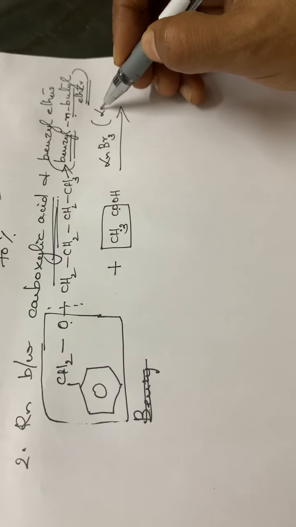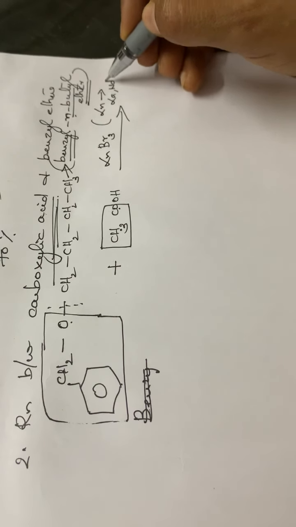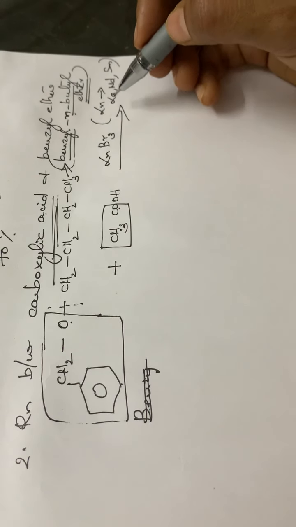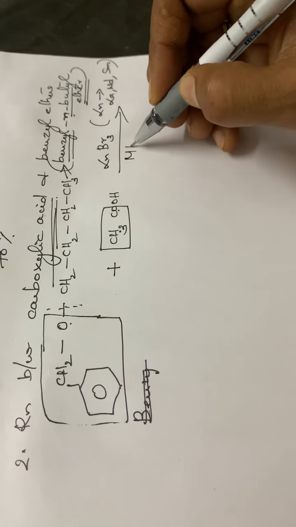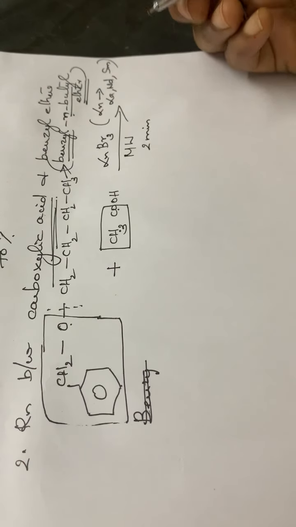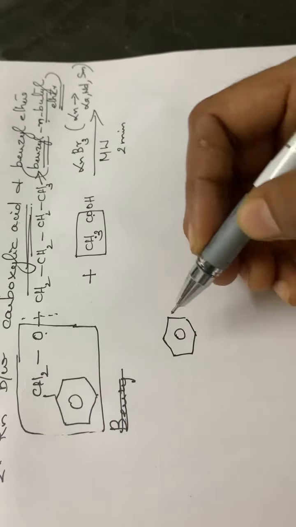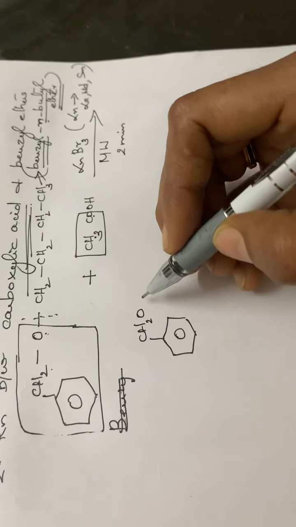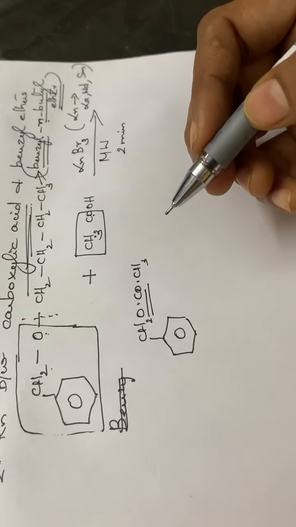Here lanthanide elements are used, sometimes lanthanum, or neodymium or samarium can be used instead. Lanthanum tribromide is used as a solvent, and the reaction is carried out in microwave conditions. It will be completed within 2 minutes, and the product formed will be C6H5CH2OCOCH3, an ester.